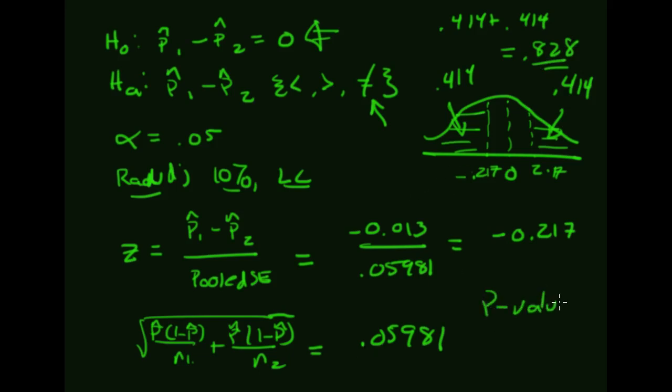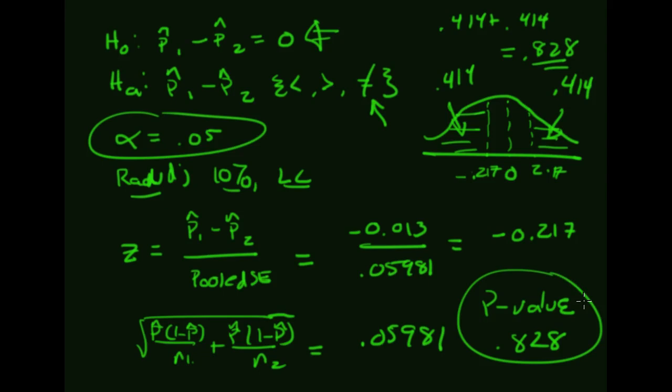So I set an alpha at 0.05 and I have a p-value of 0.828. Well, that's a really large p-value for this situation. So it's highly unlikely that the difference between these proportions is statistically significant. Like one being at 68% and the other being at like 69.3% is really not that statistically different.